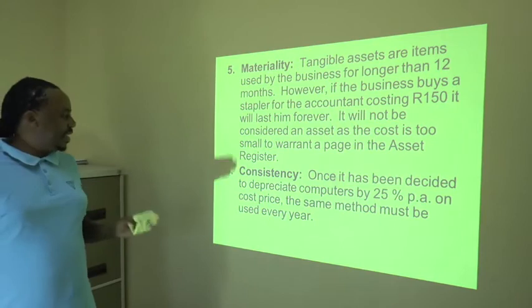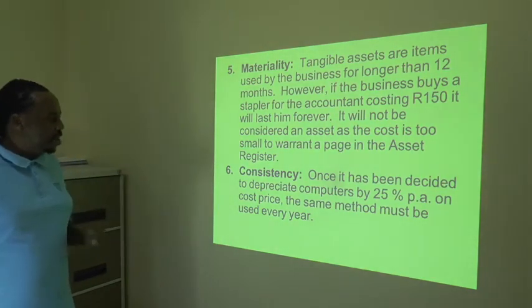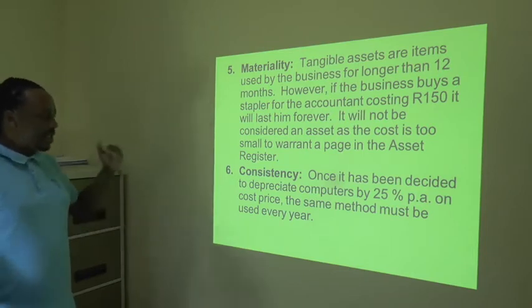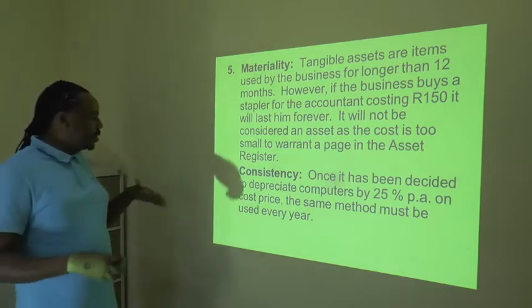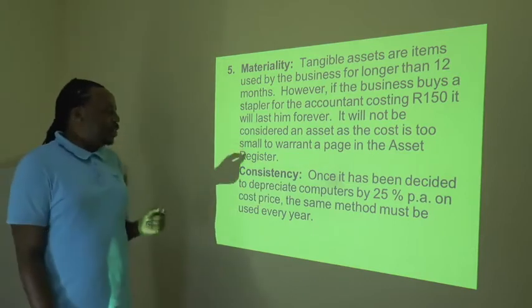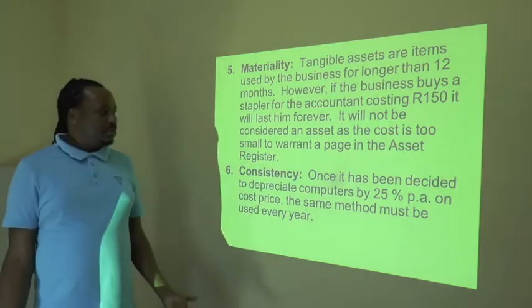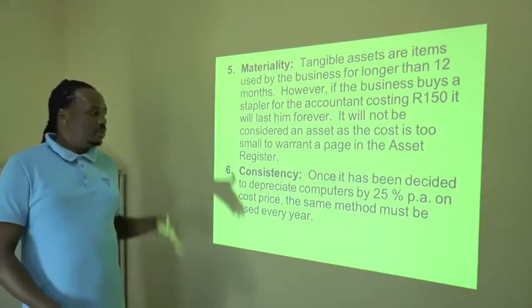Once it has been decided to depreciate a computer by 25% per annum on the cost price, which is the straight line method, the same method must be used every year. We must be consistent in the way we depreciate our assets. We cannot change the depreciation method. No, we must be consistent.